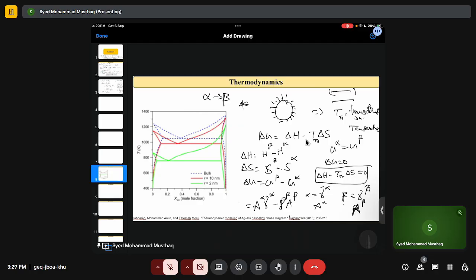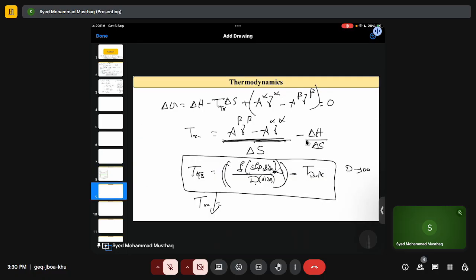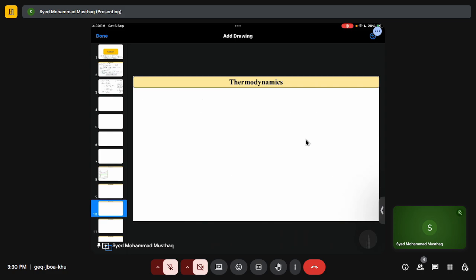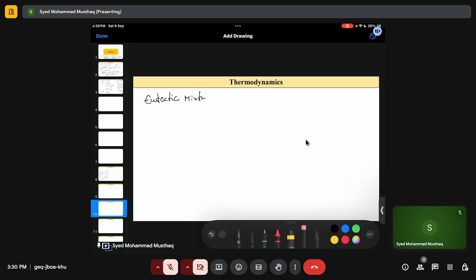Why the eutectic composition? I hope everyone knows the eutectic phase or eutectic composition. Eutectic point is nothing but when a liquid, so eutectic transformation, I can write it as eutectic transformation.